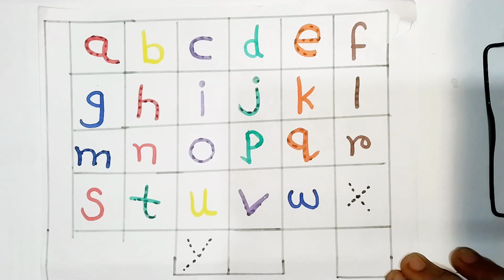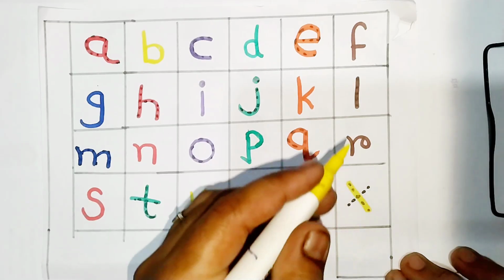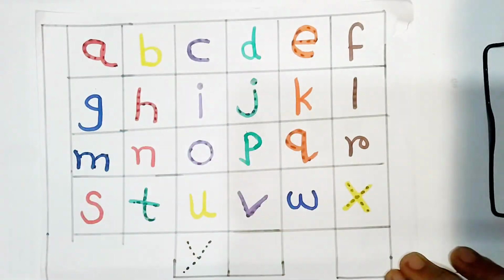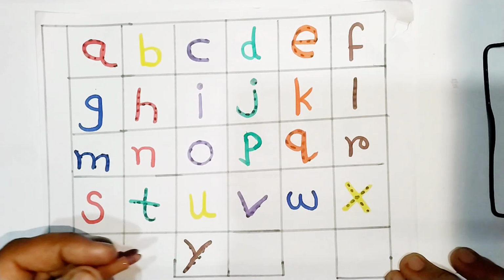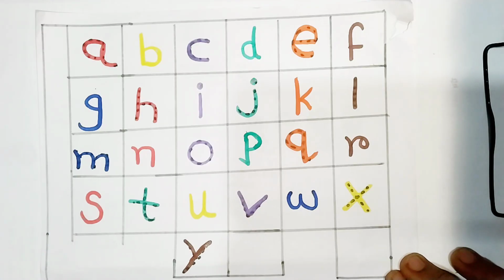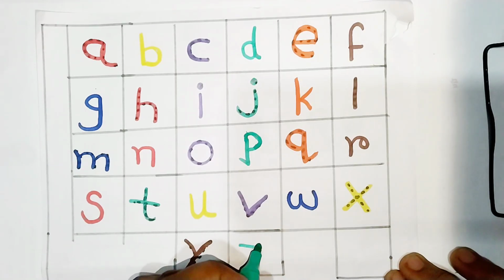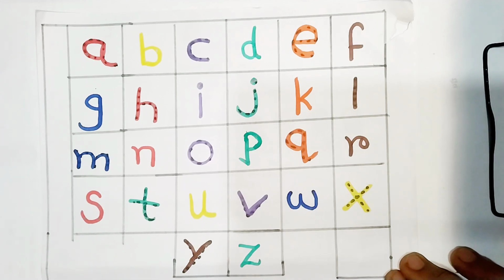W. X for xylophone. X. Y for yak. Y. Z for zebra. Z.